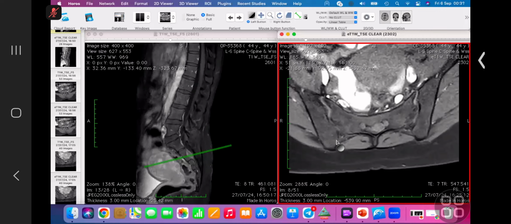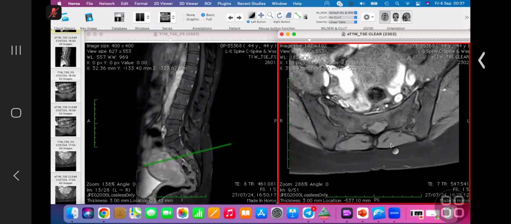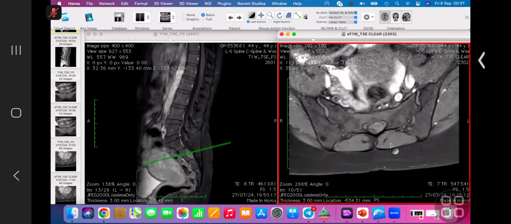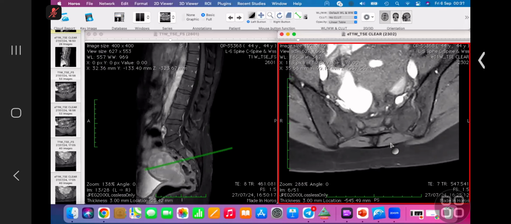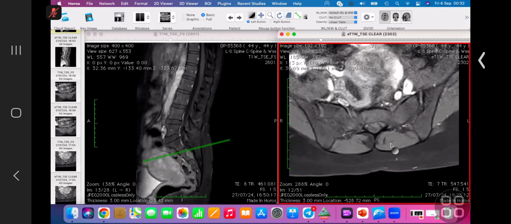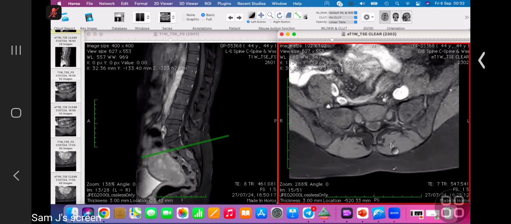You said meningioma. Will meningioma extend into the nerve roots? No, the one that extends into the nerve root will be the schwannoma. Okay, so this could be due to a schwannoma. Another differential diagnosis could be neurofibroma. Okay, yes, this is what I actually wanted.